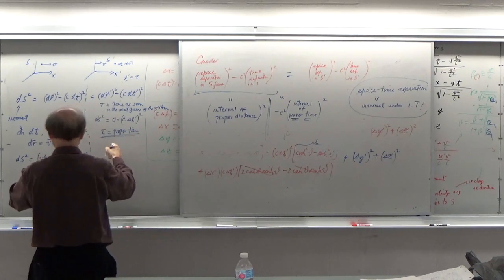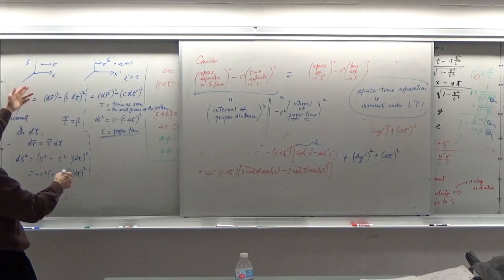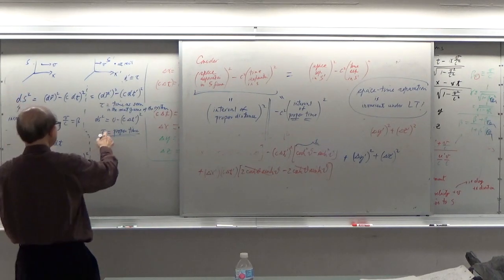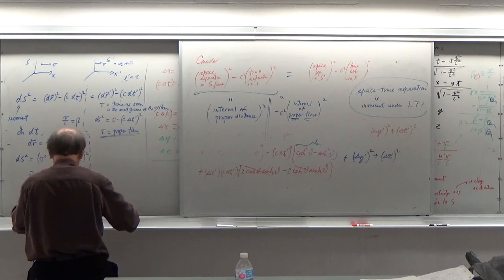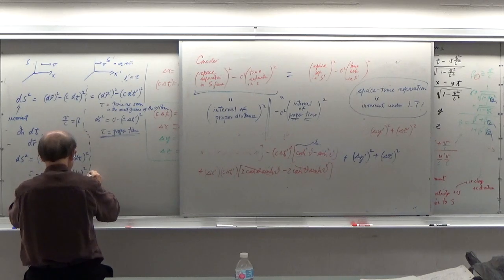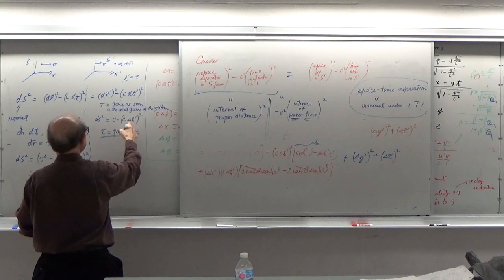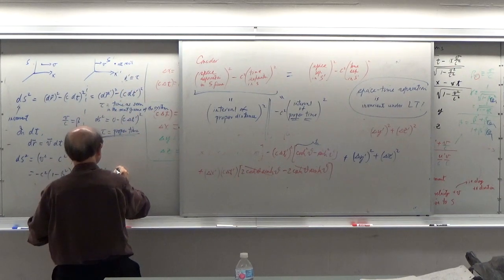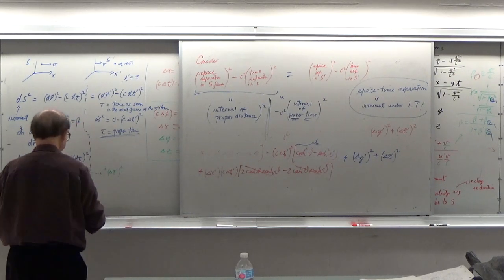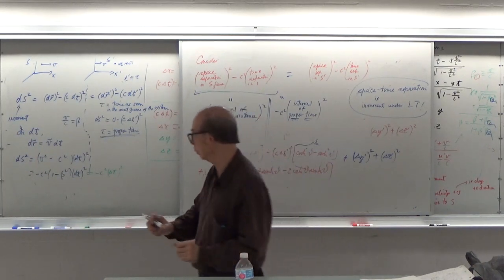All right, so what's that in terms of the quantities in the unprime frame? Since ds squared is equal to this ds squared, I see that this ds squared is equal to minus c squared, T prime we call delta tau, so delta tau squared.